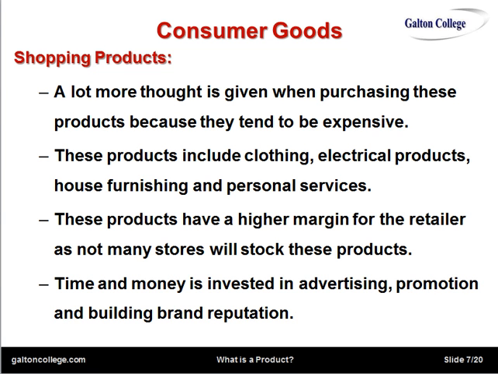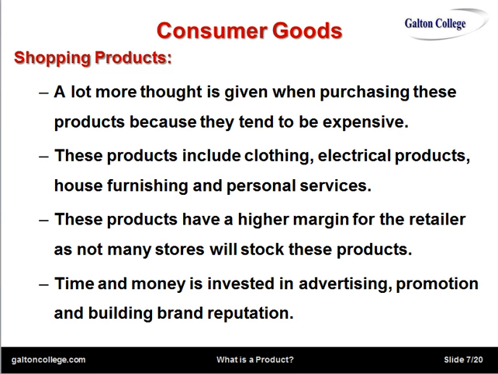Shopping products. Well, these require a lot more thought, and these tend to be more expensive items. They include clothing, electrical products, house furnishing, personal services. Generally speaking, they have a higher margin for the retailer, and not so many stores will stock the products.